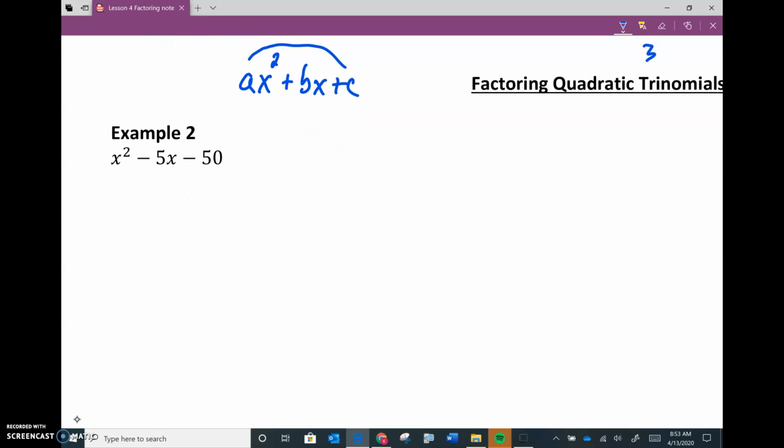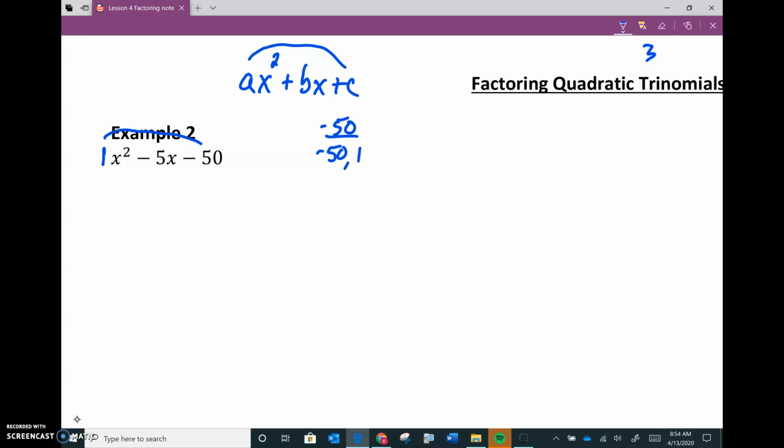So once we did a times c, we found factors of that would add to that middle one. So in example 2, if there is no a, we assume that a is 1. So go a times c, we'll get negative 50. So we're looking for factors of negative 50 that would add to negative 5.